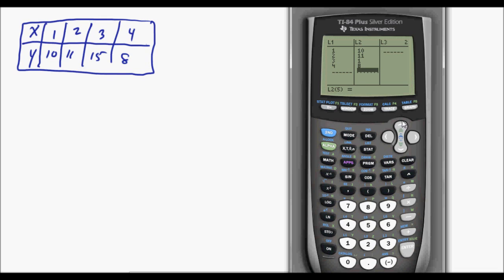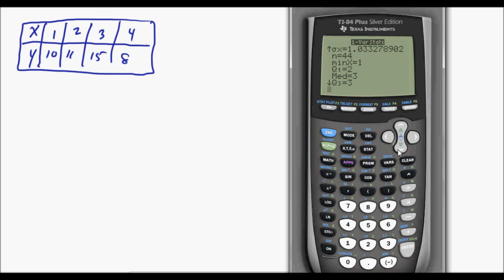Now make sure you enter them right. I can see that I made a mistake there, so I'm just going to put 15. Now let's say I wanted to find the mean of this. I could go to stat, calculations, one variable stats, list 1, and then the frequency list would be L2, and I could just calculate. And the mean there is 2.47. Standard deviation, if they ask for that, is 1.03.